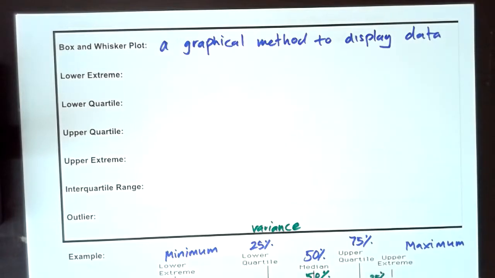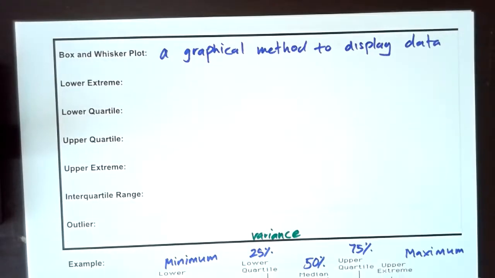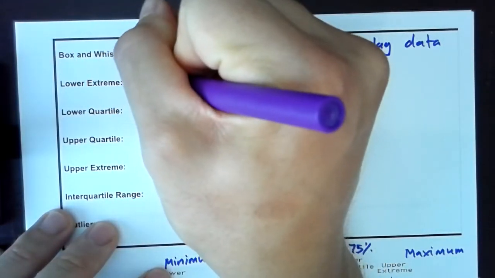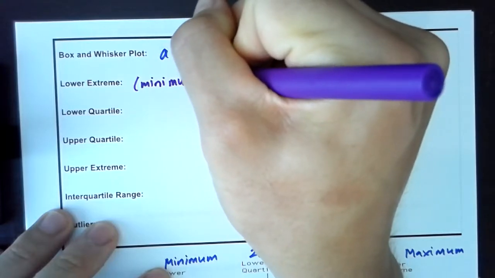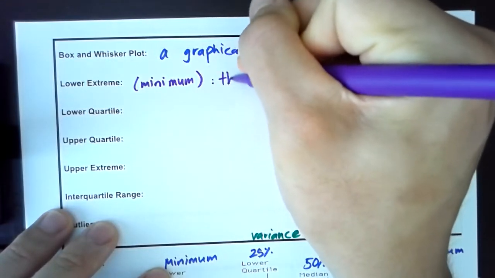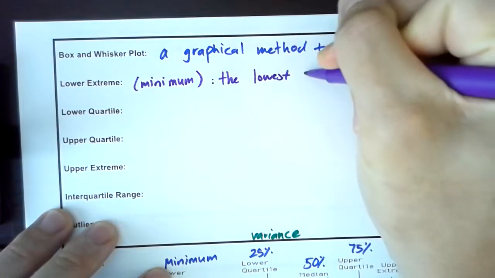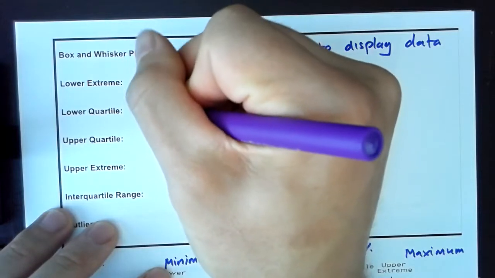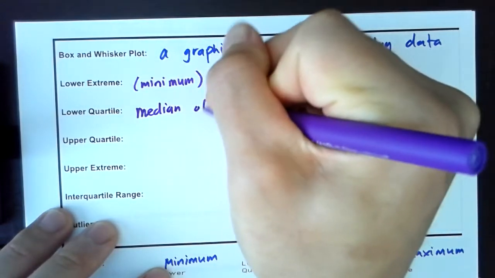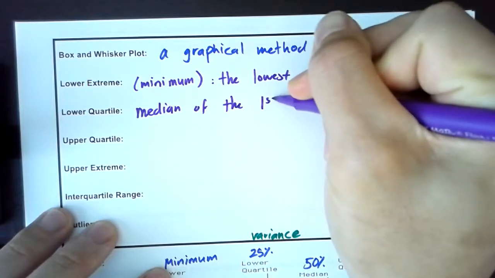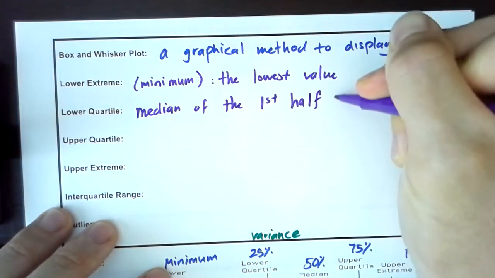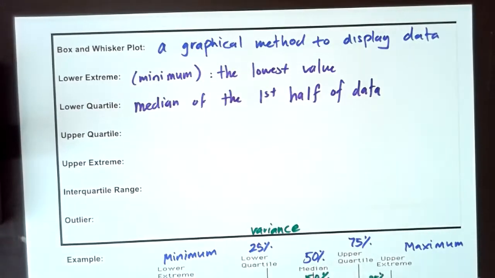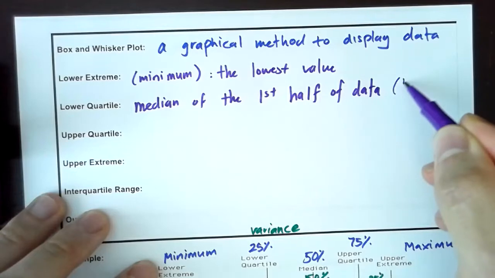Okay. So let's formally define these one more time. The lower extreme is what we call the minimum, and it is the lowest value. The lower quartile is the median of the first half of data. So the median of the first half of data is basically the first quartile.